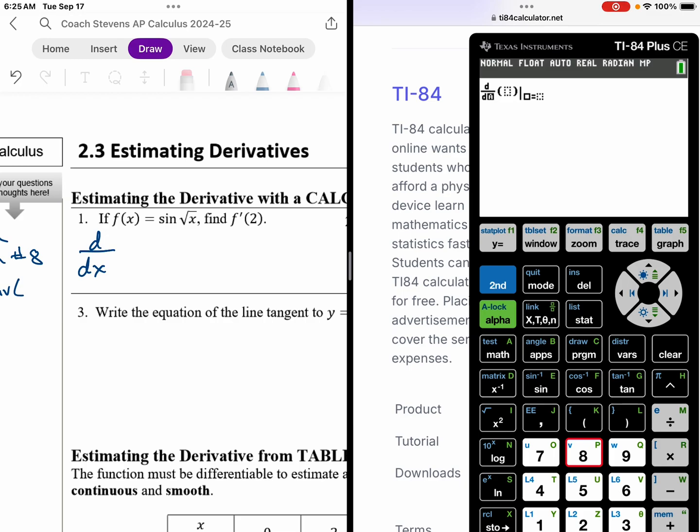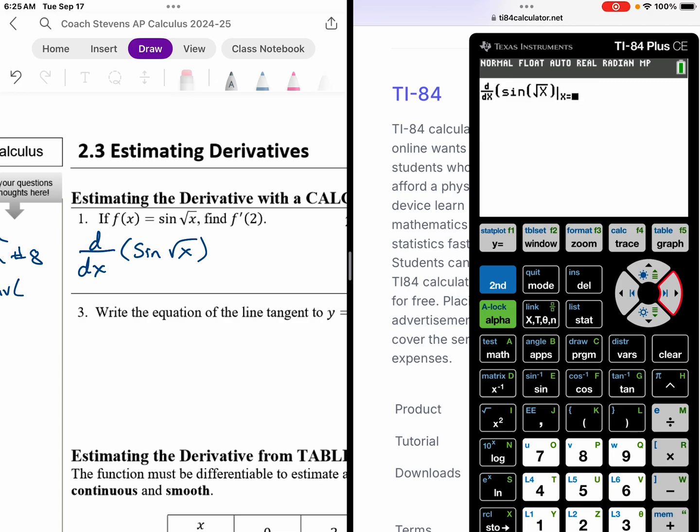So we'll press the x button, and then in the parentheses we get to put our function that we're dealing with. So sine square root of x, and then put the x inside there. Now make sure you arrow outside of that, and that's all we need.